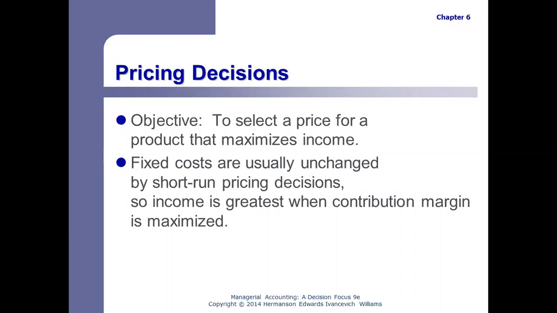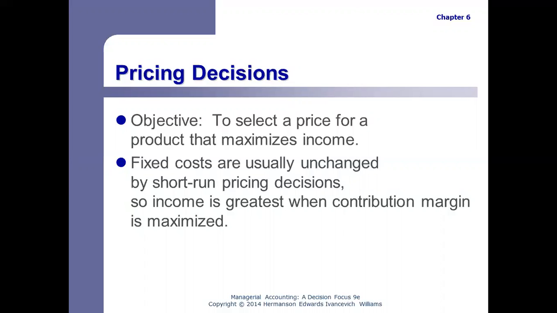Another thing to keep in mind in pricing decisions is that fixed costs almost always are not going to be changed by pricing decisions. So in the analysis that we're going to be doing, we're going to be primarily ignoring fixed costs because they're not going to change regardless of what alternative we choose. So we're assuming the fixed costs are committed.